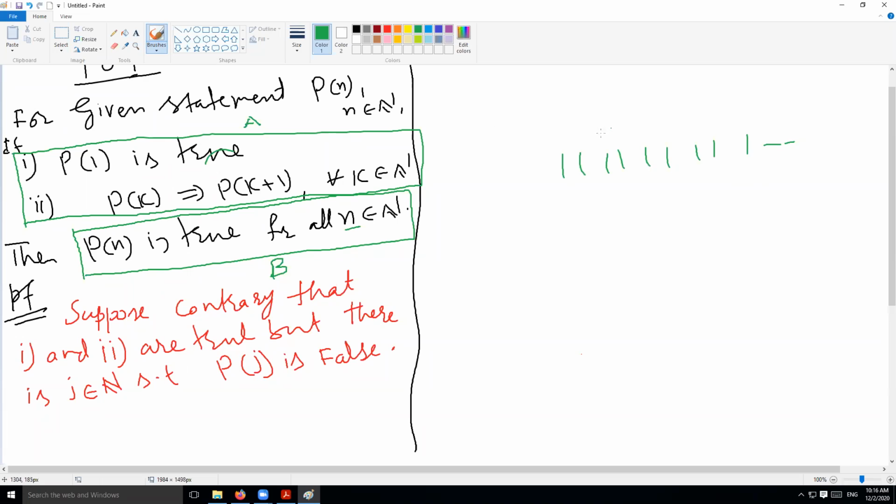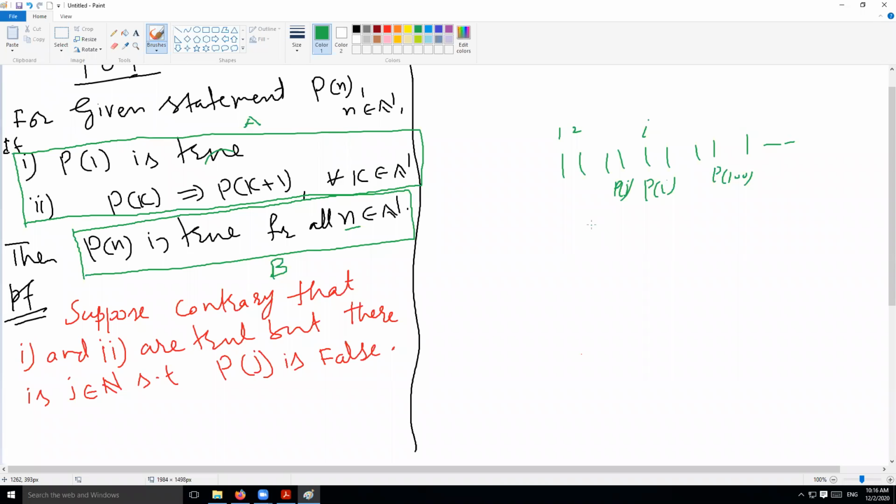So for example, say the ith P of i is false, and I don't know, P of 100 is false, the rest are true, and P of j is false.